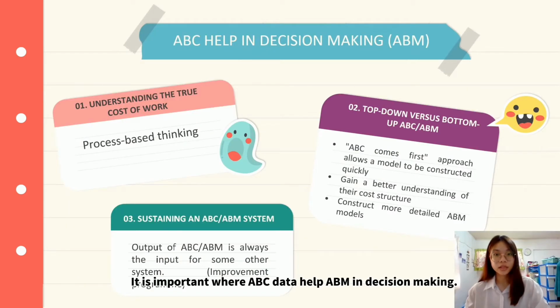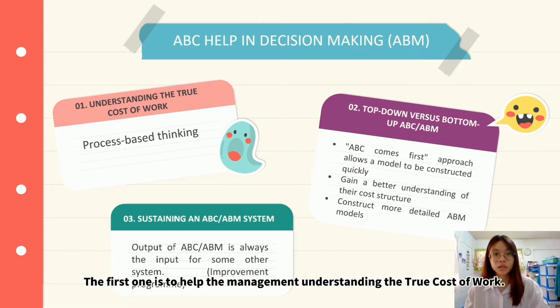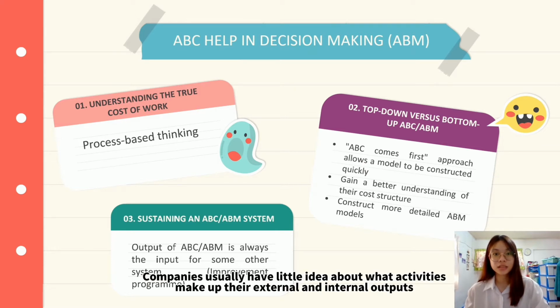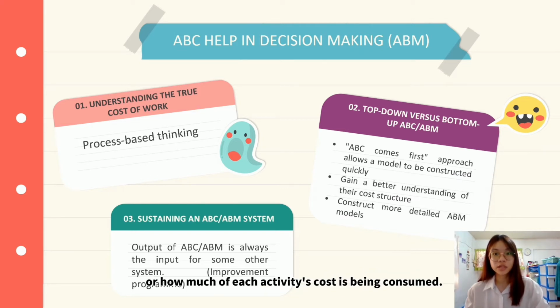It is important where ABC data help ABM in decision making. The first one is to help the management understand the true cost of work. Companies usually have little idea about what activities make up their external and internal outputs or how much of each activity's cost is being consumed.